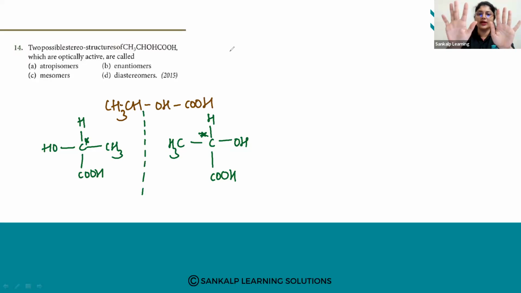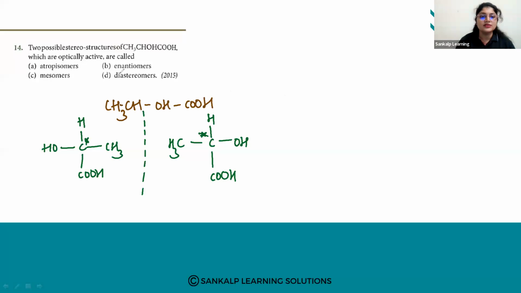Now if I put one on the other, are they superimposable? No. When one stereoisomer is not superimposable on the other, then it is called as what? They're called enantiomers, right? What do you mean by enantiomers? Enantiomers are stereoisomers which are non-superimposable mirror images.